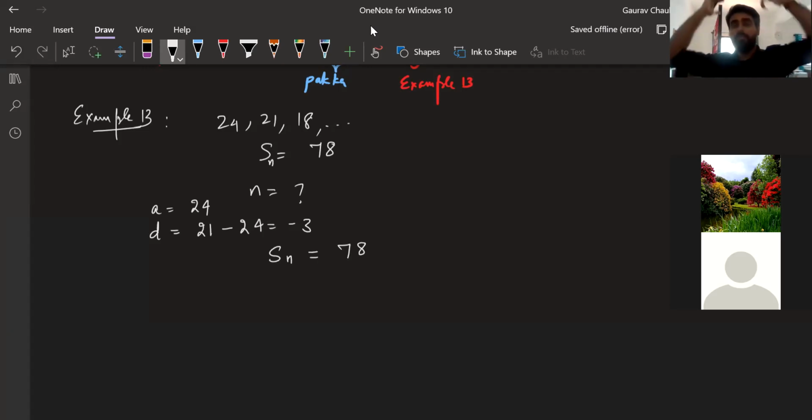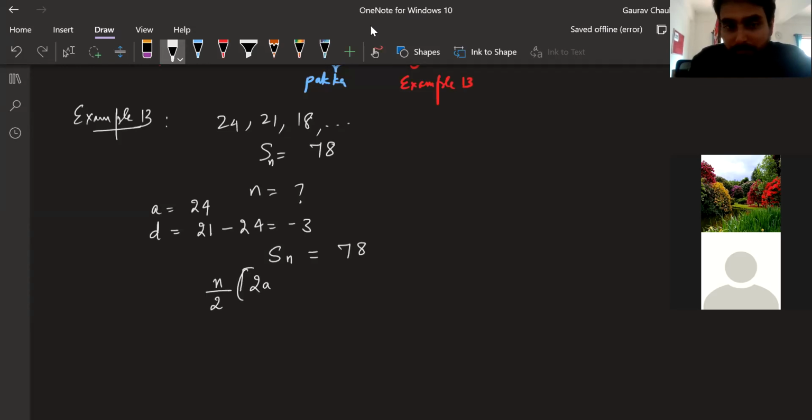Now this has a formula, so put that formula there: n by 2 into square bracket 2a plus n minus 1 into d, equal to 78. Now in this formula, what all do we know?